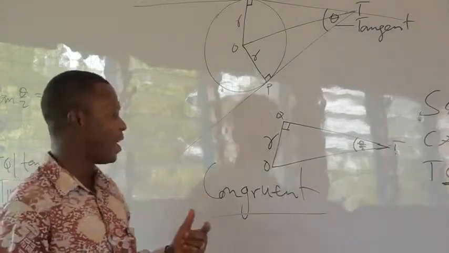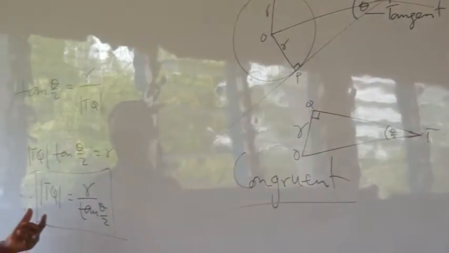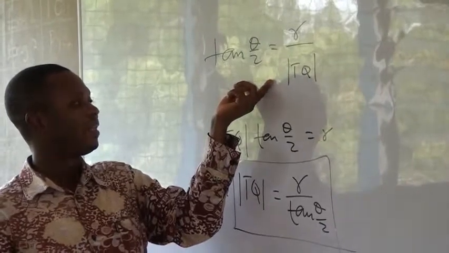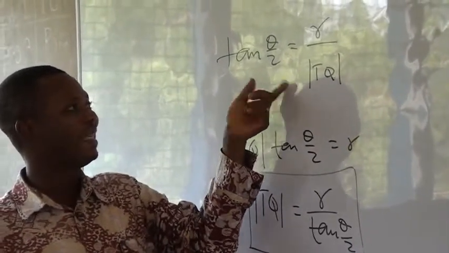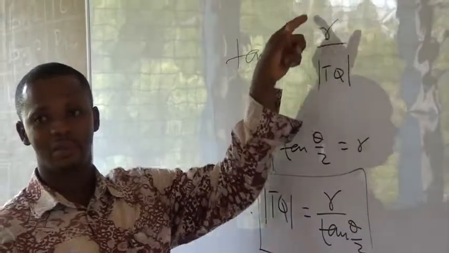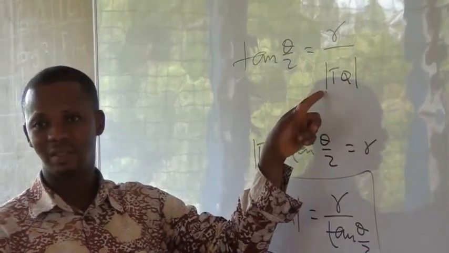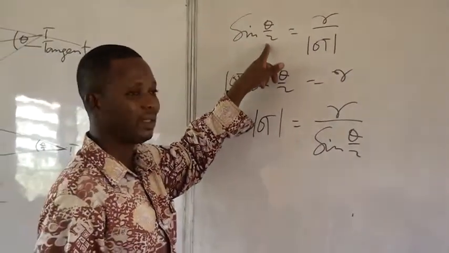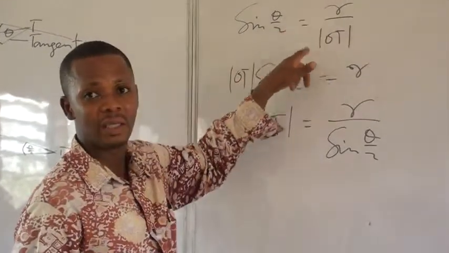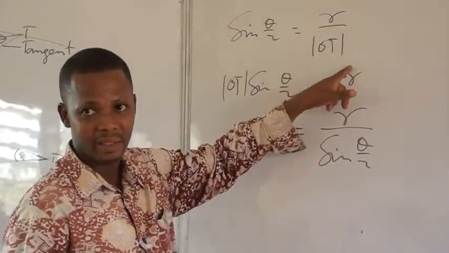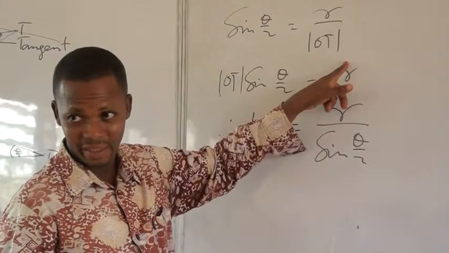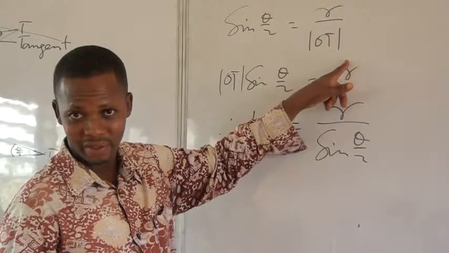Theta over 2 will be equal to sine inverse of R over TQ. And if it is in this form, theta over 2 will be equal to sine inverse of R over OT, depending on which one is given with the radius.